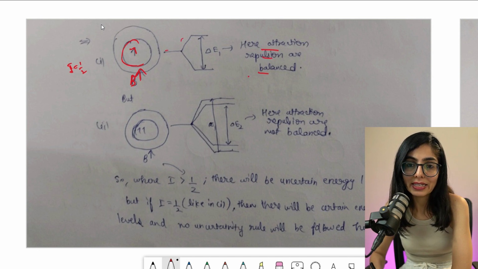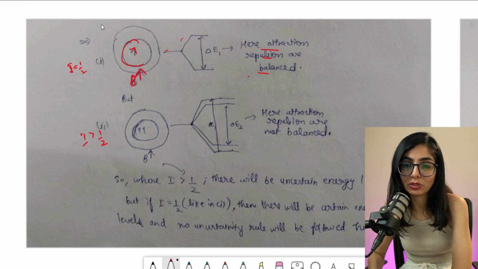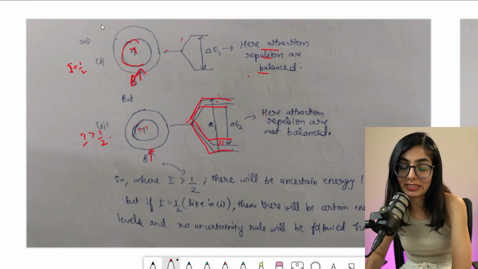But if I is greater than half, it will not be balanced. Sometimes it will be like this, sometimes like this. So here attraction and repulsion between the ground state and excited state are not balanced. So there will be uncertain energy levels when I is greater than half.